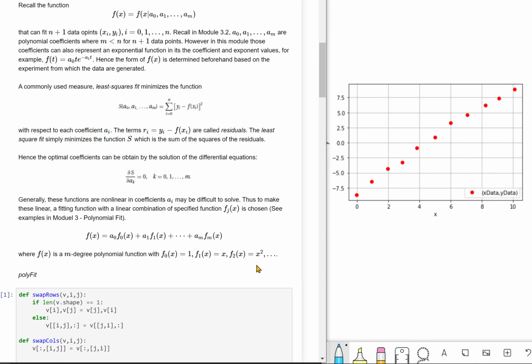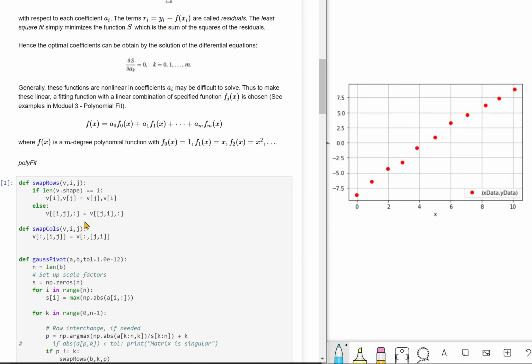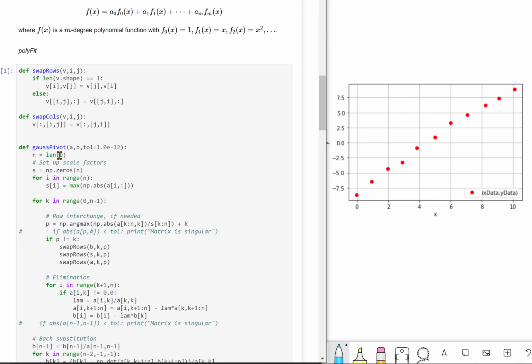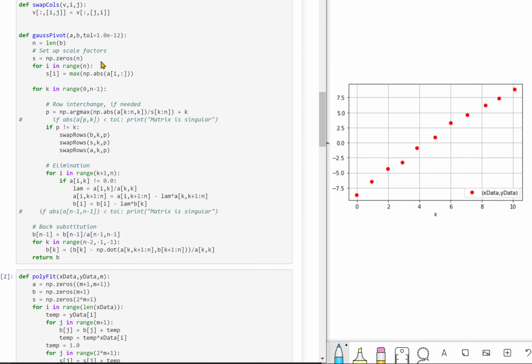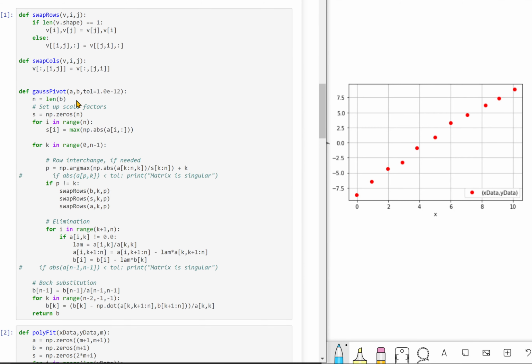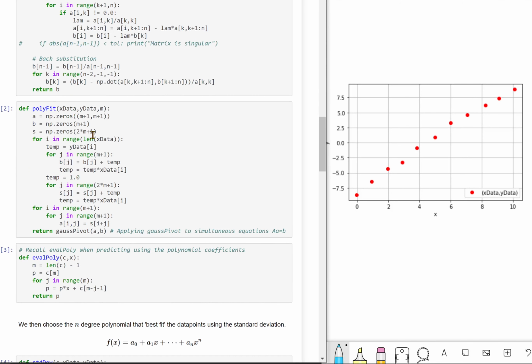You can also use Taylor series and other series. So recall the formula polyfit. We have here the rows, the Gauss pivot, and then the polyfit. So we need this from Module 2 for the polyfit function.